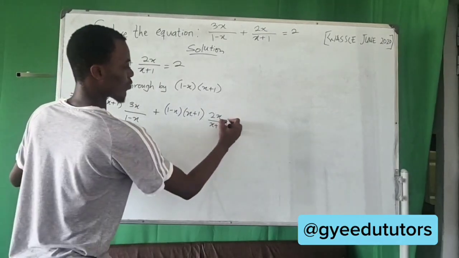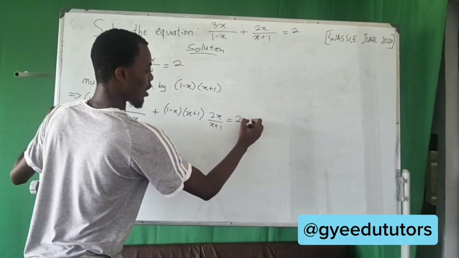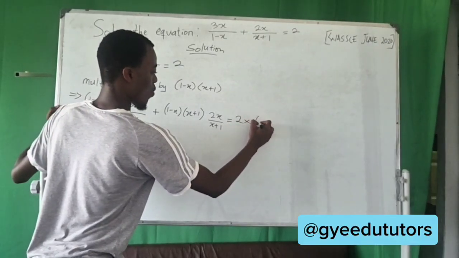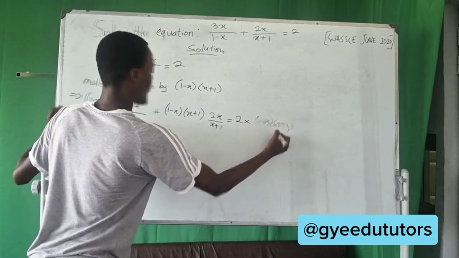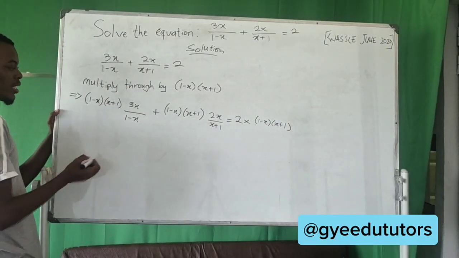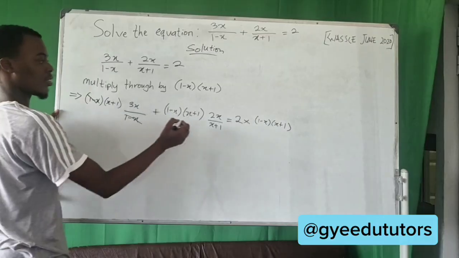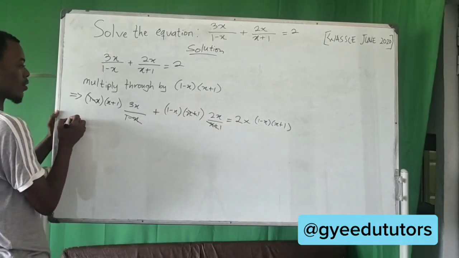And what? The other side, 2 times what? 1 minus x plus 1. So when you get to this side, this will cancel this. This will cancel this. So now we have what?